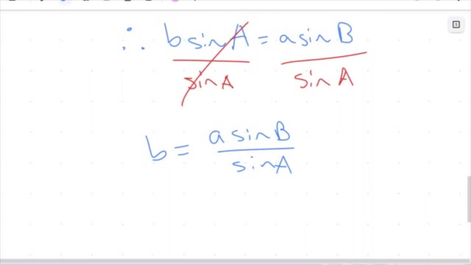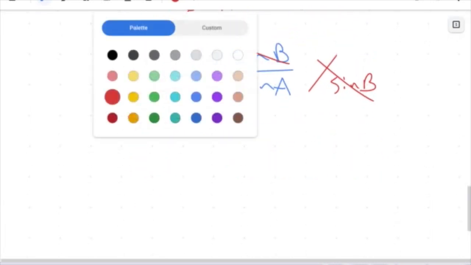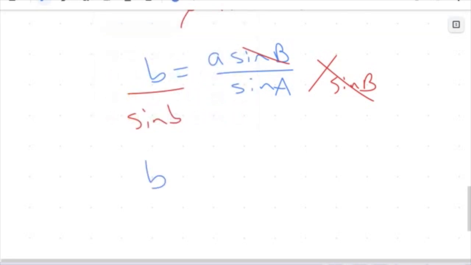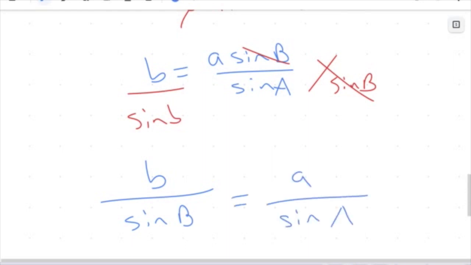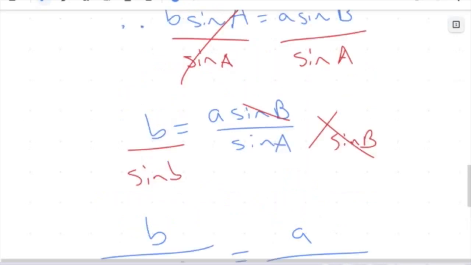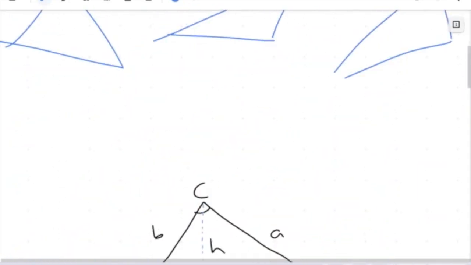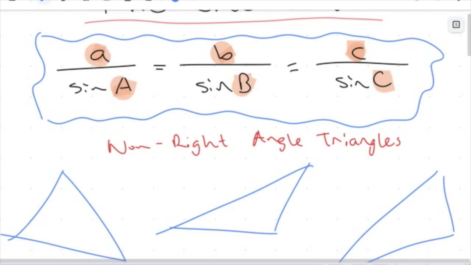So what I'm going to do is divide this side by sine B. That's going to kill this guy over here and bring it over to the other side. So I'm left with, finally, b over sine B is equal to a over sine A, which resembles the formula here.